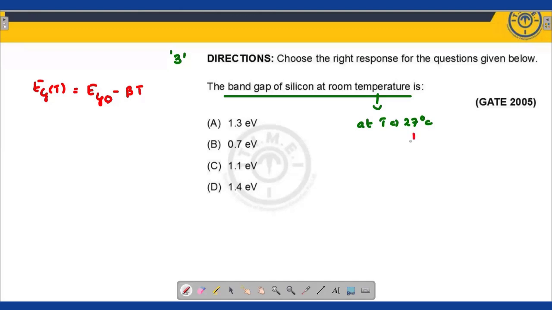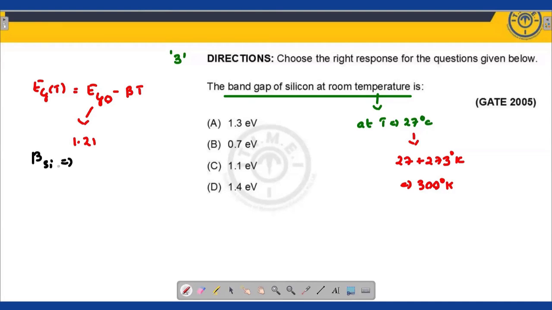Now, if I convert 27 degrees into Kelvin, I add 27 plus 273, and I get 300 degrees Kelvin. EG0 is the energy gap at 0 degrees Kelvin. This value is constant and equal to 1.21. The beta value is also a constant, but its value for silicon and germanium is different.